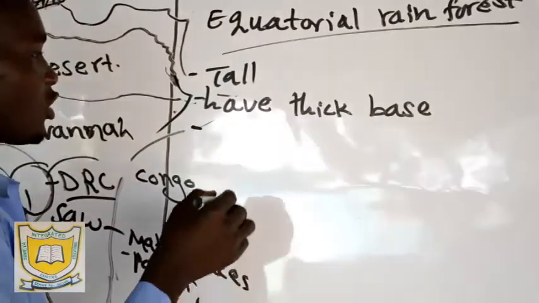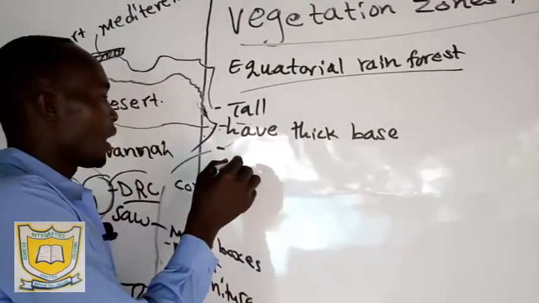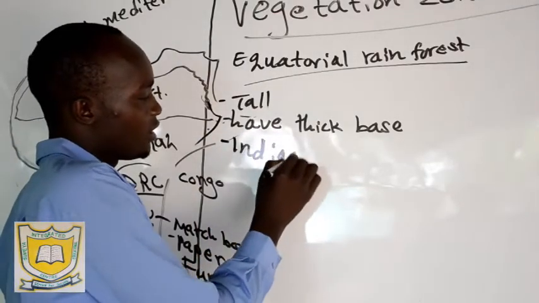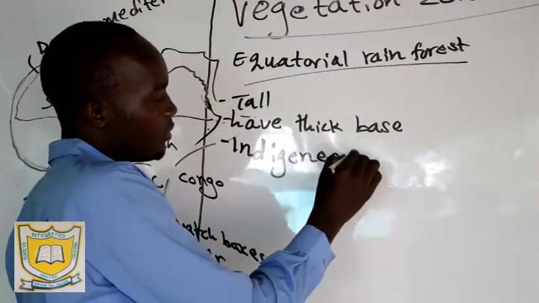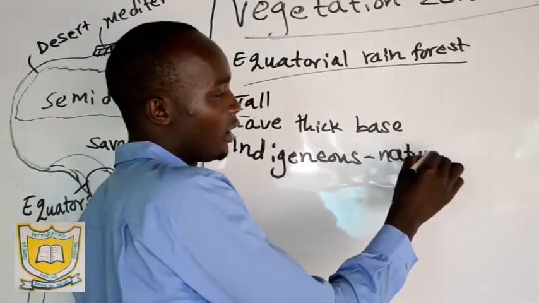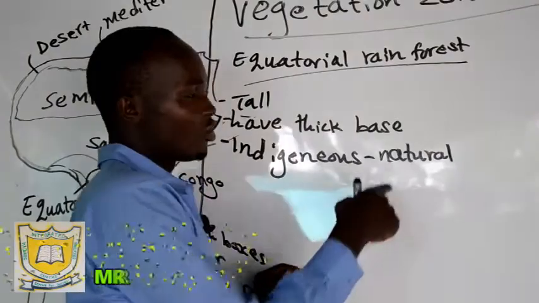Then in this forest also we have what you call indigenous trees. When you talk about indigenous, then we are looking at the natural trees or tree species.